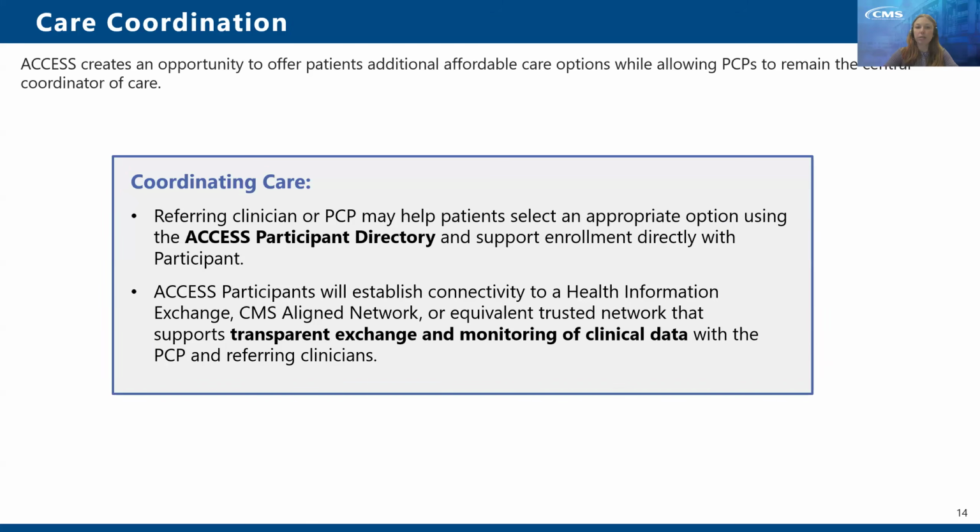And referring clinicians or PCPs may help patients select an appropriate option using the Access Participant Directory and support enrollment directly with the participant. Access participants will establish connectivity to a Health Information Exchange, or HIE, a CMS-aligned network or equivalent trusted network that can facilitate transparent information sharing and monitoring of clinical data with the PCP and referring clinicians.